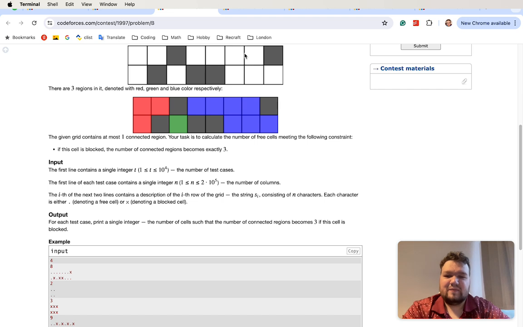So this cell must be free, but these 2 must be blocked, so that this one will be one component, and then we have one on the left and one on the right. Alright, and those 3 must be free. So we're looking for a number of rectangles 2 by 3 such that it's free, free, free, free, and blocked, blocked. Then this cell is the one we want, and symmetrically, obviously.